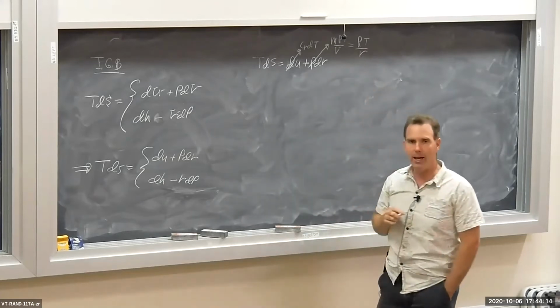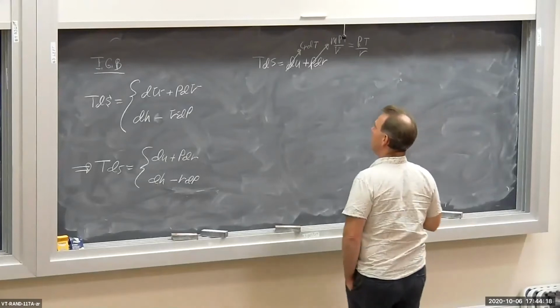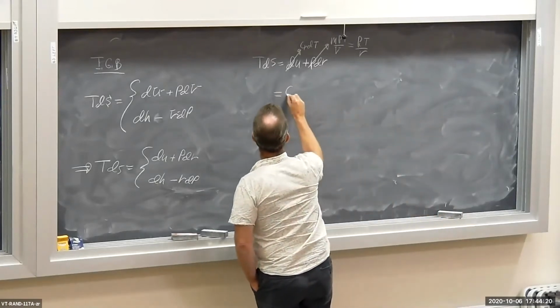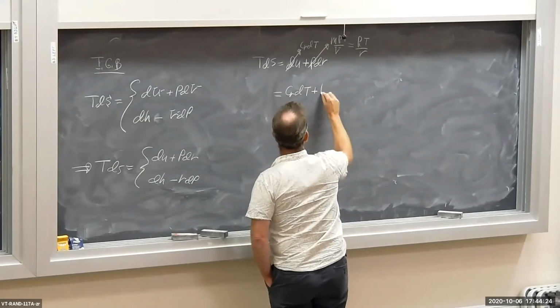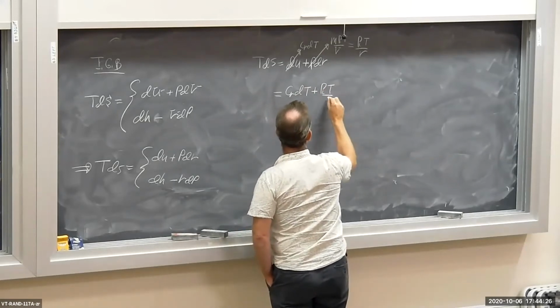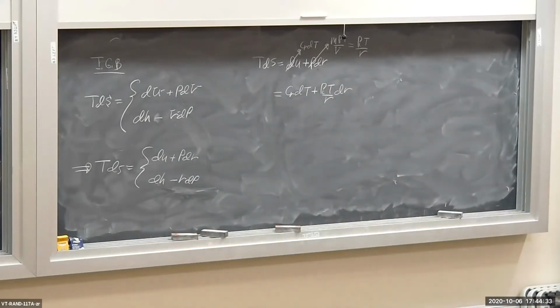Divide volume by mass, and you get specific volume. So this is actually equal to Cv dT plus RT divided by specific volume dv. That's what T ds is equal to.